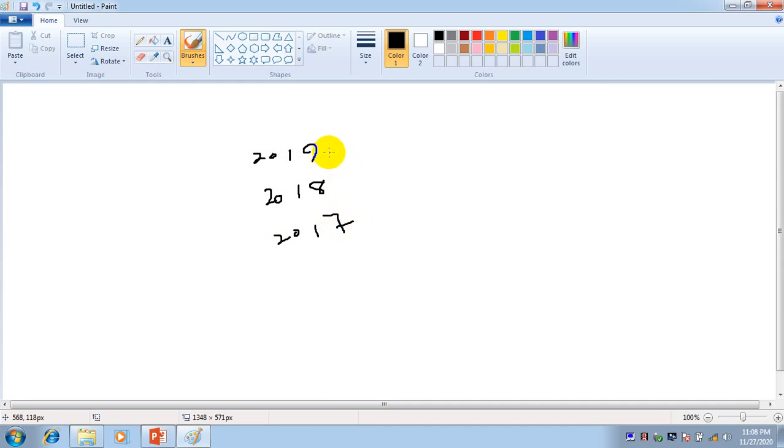Now in 2019, this was our ratio. Suppose our profitability is 8% in 2019. It was 10% in 2018, and it was 16% in 2017.